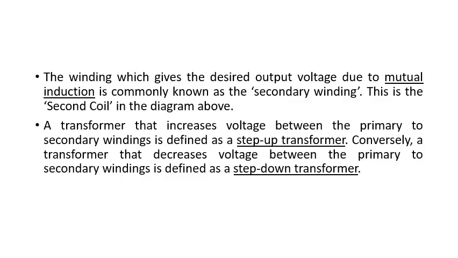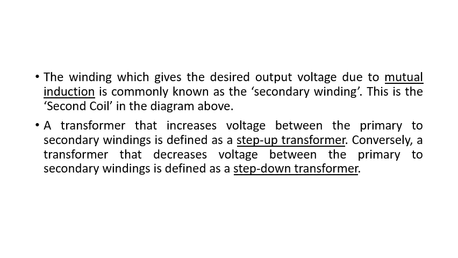The winding which gives the desired output voltage due to mutual induction is known as the secondary winding. This is the second coil in the diagram we have shown. The transformer that increases voltage from primary to secondary winding is defined as a step-up transformer.